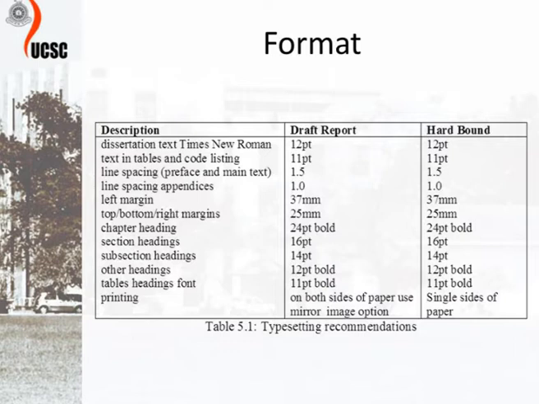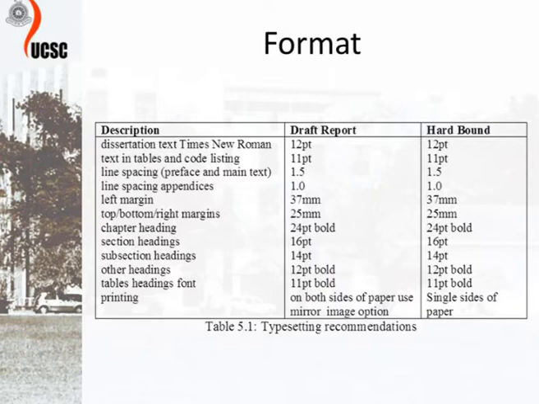Overall you do your whole dissertation in 12 point. If you have tables and code listings, you do it in 11 point, and the line spacing should be 1.5 and line spacing for appendix should be 1.